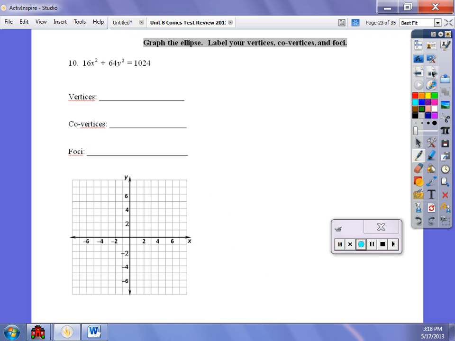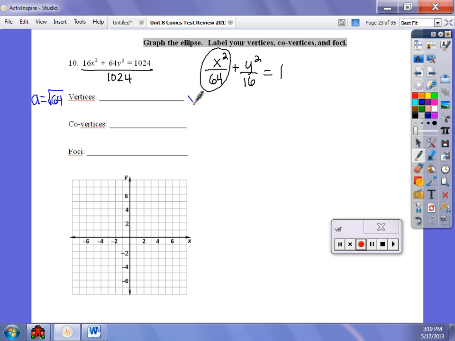Okay, we have another ellipse to graph, but this is not in standard form. So you have to make sure that you divide by 1024 to get it into standard form. Remember, it has to equal 1. So I'm left with x squared over 64 plus y squared over 16 equals 1. So once again, my bigger number is 64. So my a value will be equal to the square root of 64, which gives me 8.